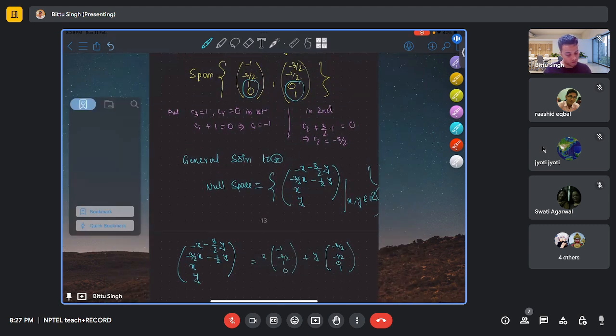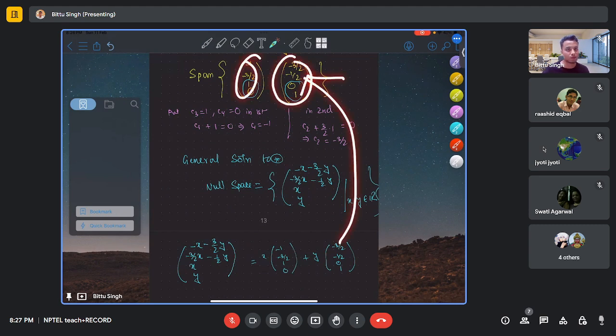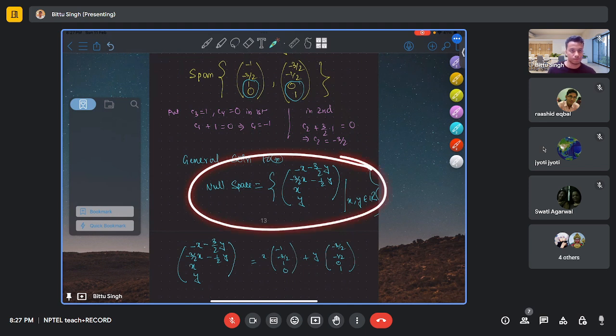That's how we can give the spanning elements, the elements which span the null space.